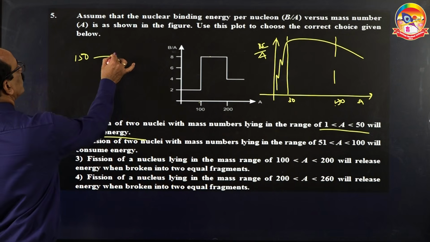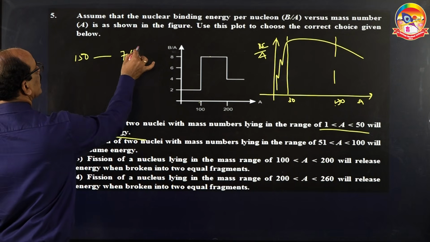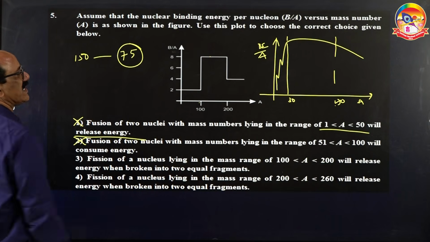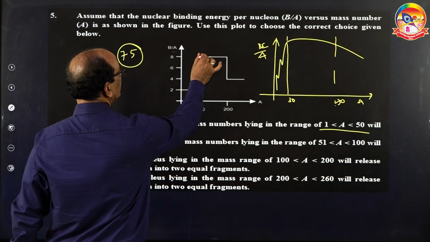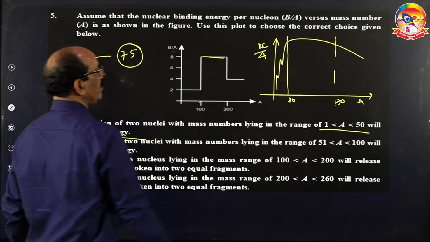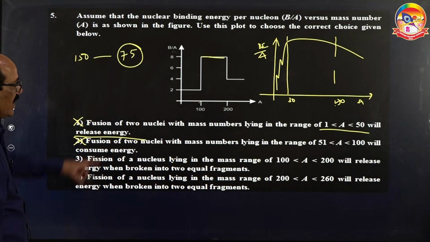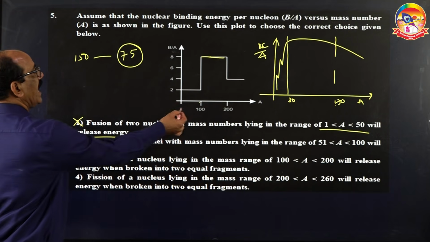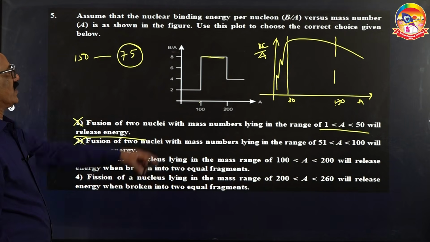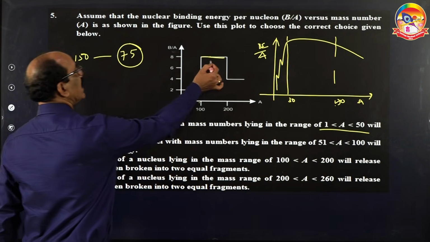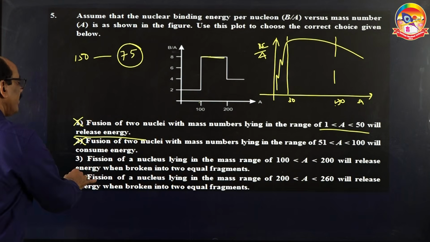If it splits to give two particles with mass number 75, here the binding energy of the nuclei with mass number 100 to 200 is fairly large, 8 million electron volt, and if it is below 100 it is less, 2 million electron volt. Obviously there is a release of energy here, so therefore it is correct.